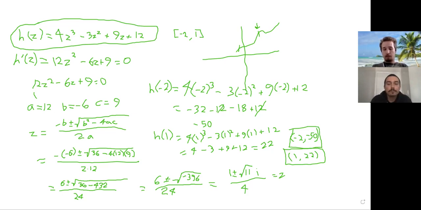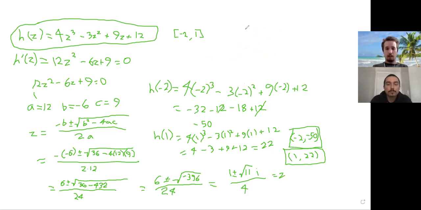The most important thing to remember for extreme value theorem, finding all the mins and maxes, is you do it normally where you try to find your critical points on the interval, but you have to remember to test the endpoints. You could have a function that's just a straight line.